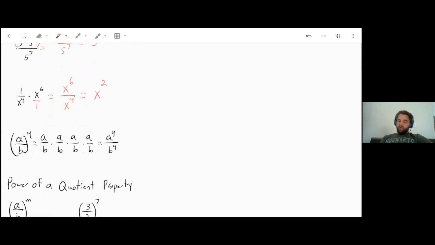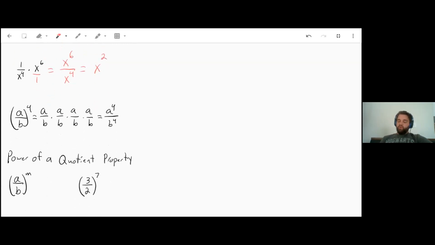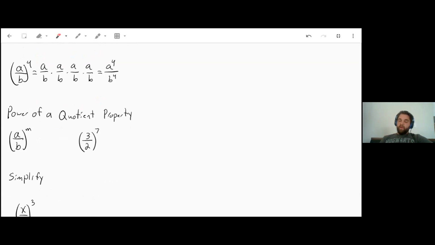Okay, so now we're going to go and work on the power of a quotient property. So if we have a divided by b, and we raise it to the 4th power, that's the same as multiplying a divided by b together 4 times. Well, when you multiply this out then, you would multiply together your numerator, so a times a times a times a is a to the 4th, and b times b times b times b is b to the 4th.